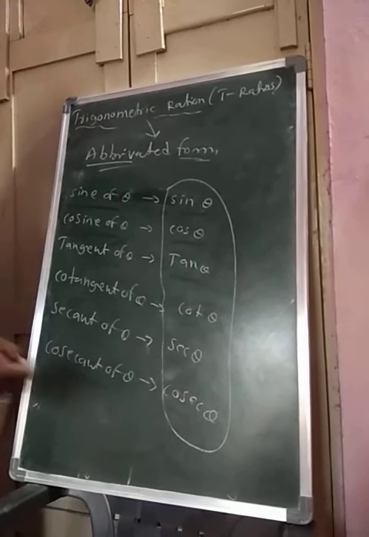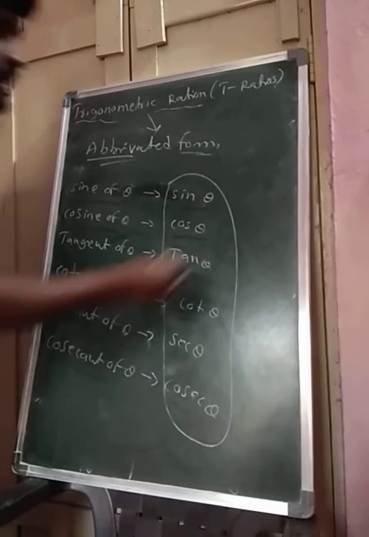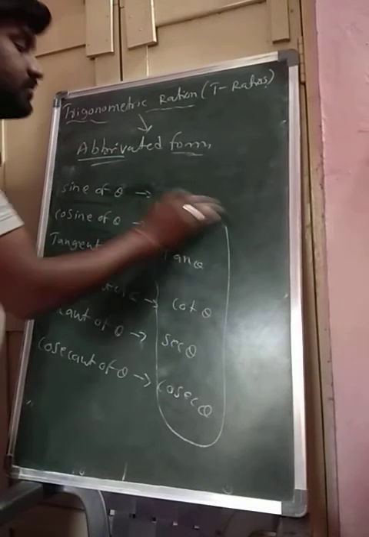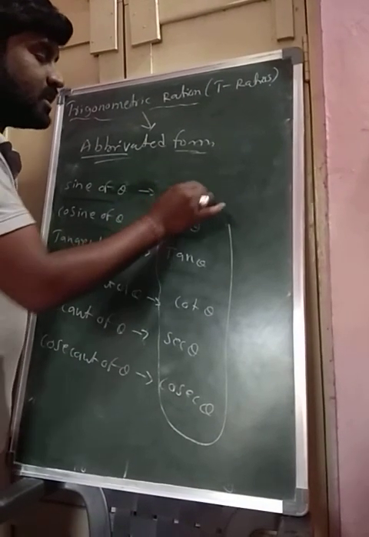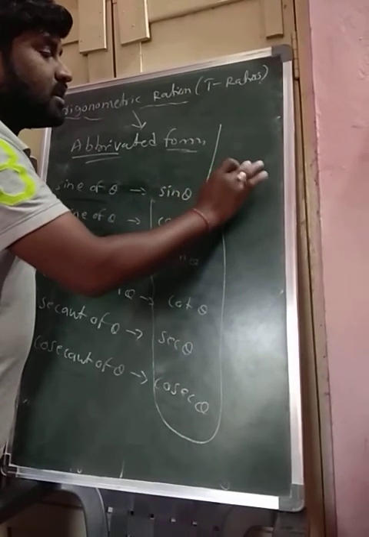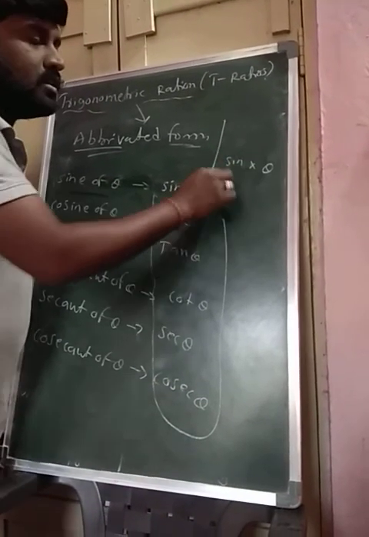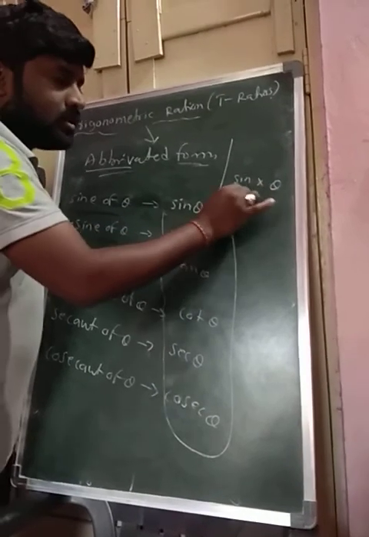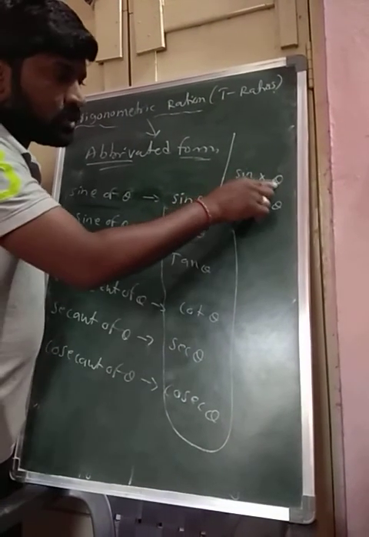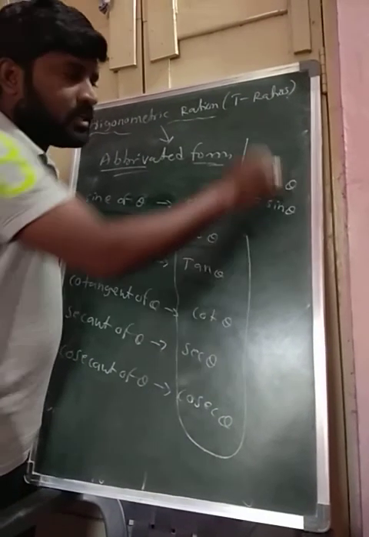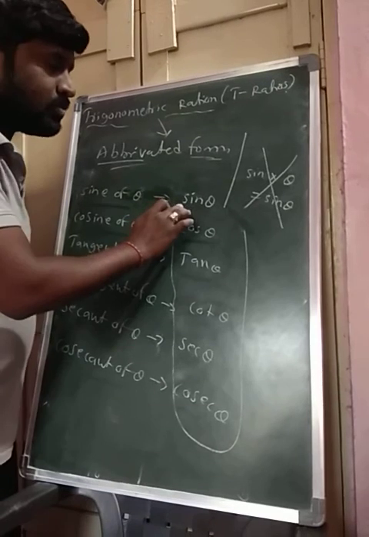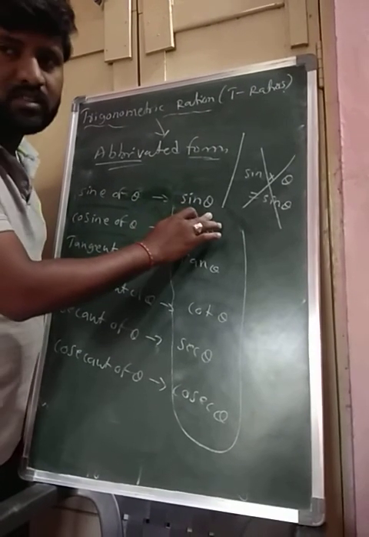So clearly what I am saying, students, is that sin theta, some fellows understood like this: the product of sine and theta, sine into theta equals sin theta. It is absolutely wrong. Is it clear? It is not the product of sine and theta.